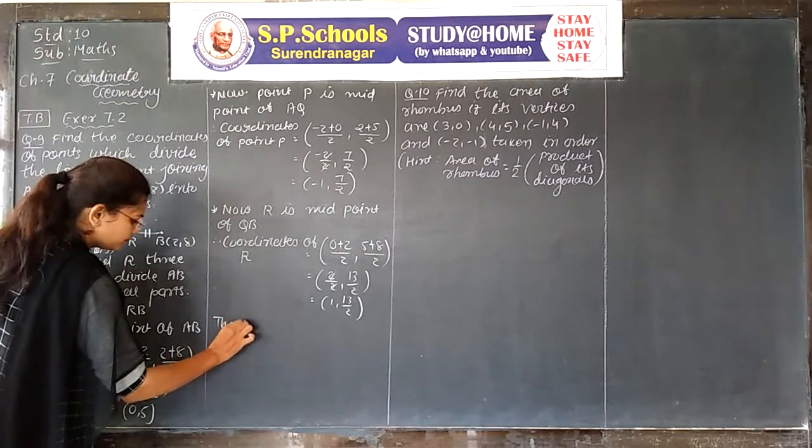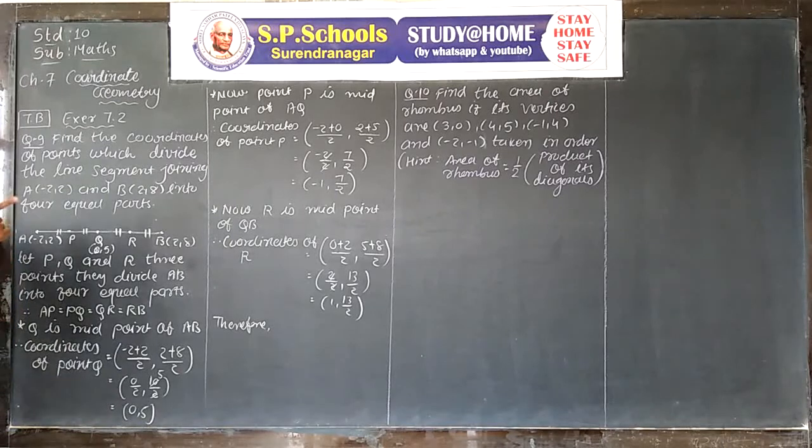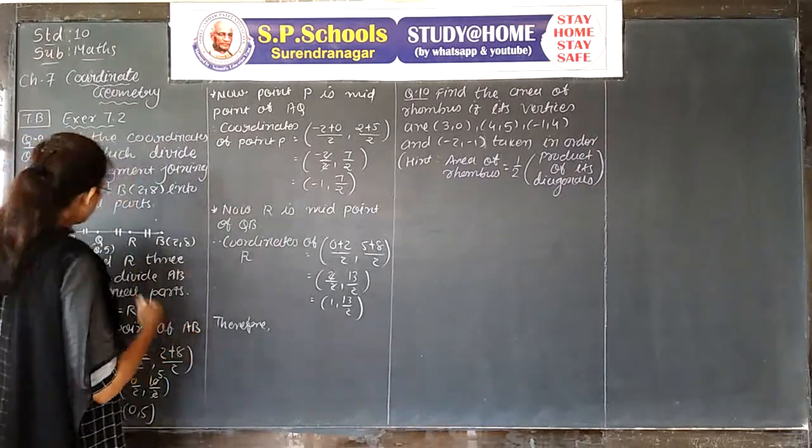Therefore, finally we write the answer, the coordinates of the points which divide the line segment joining these 2 points into 4 parts.